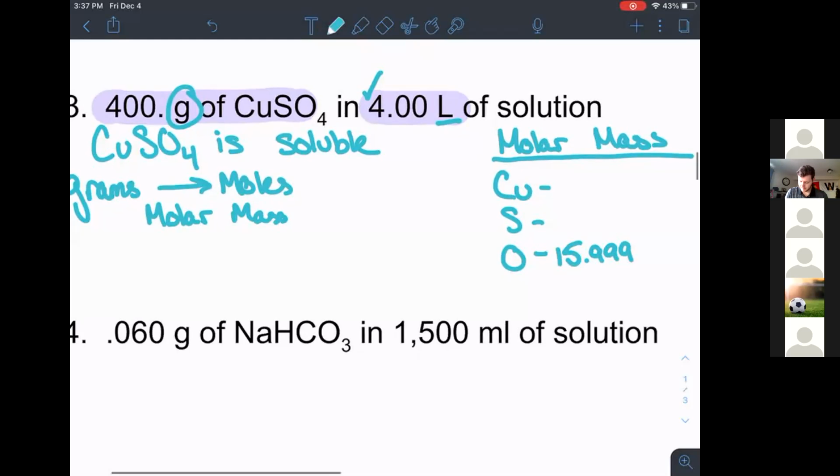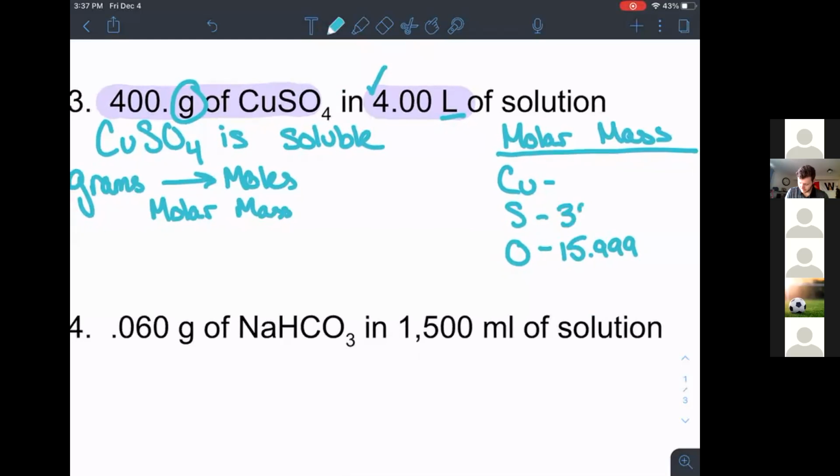Sulfur is 32.06. Awesome. We have to multiply oxygen times 4. And what was copper? 63.546.